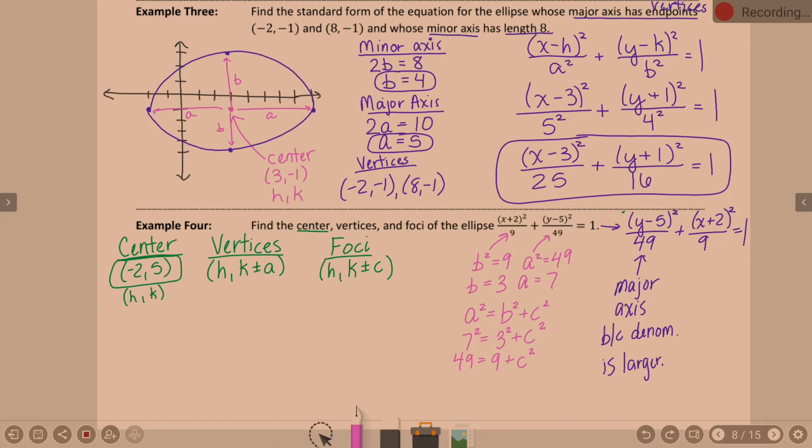So C squared is 40, which means C is the square root of 40. Okay. Which is about 6.3. 6.3, did you say? Yeah.